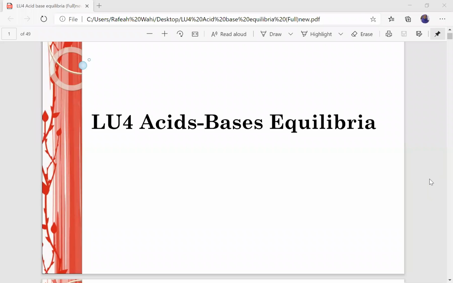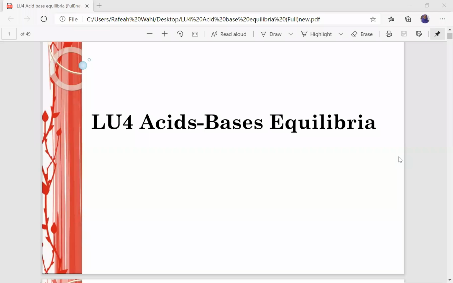I think everyone is already familiar with the ICE table from your foundation or SPPN. I is for initial concentration, C is for change in concentration, and E is for equilibrium concentration. But that is going to be in the second part of the lecture.